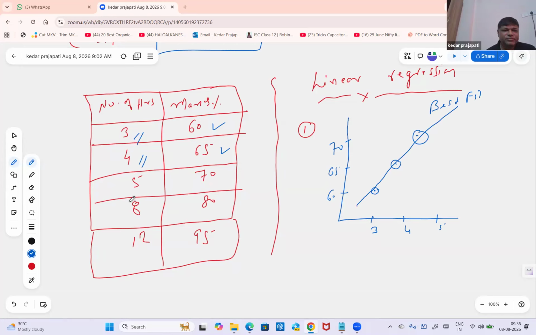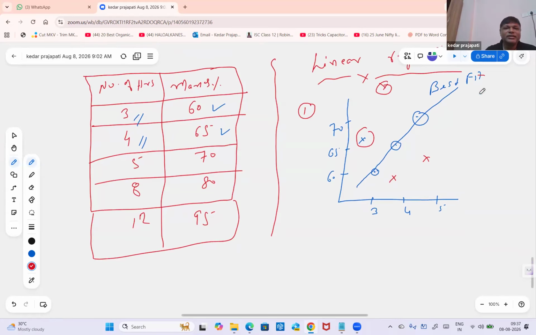Right now we have only a few points, but there is a possibility that these points are scattered here. Someone will come here, few points will come here, and if outliers are there, they will go there. So it will ignore the points which are far away. We will learn the techniques of how to draw the best fit line, but try to think in this way.